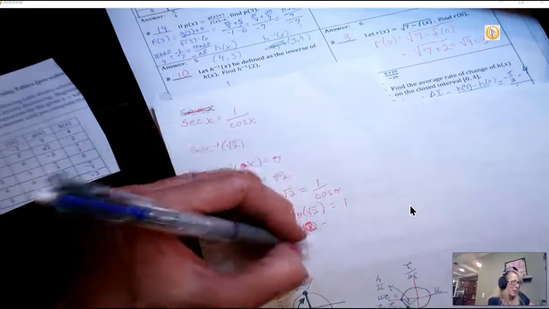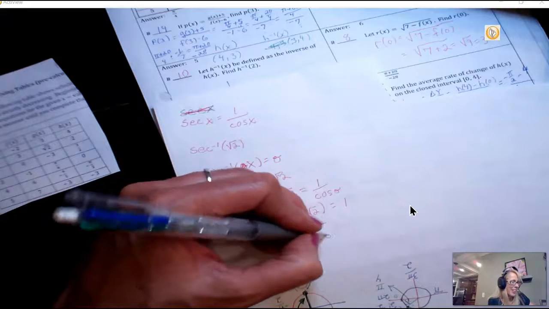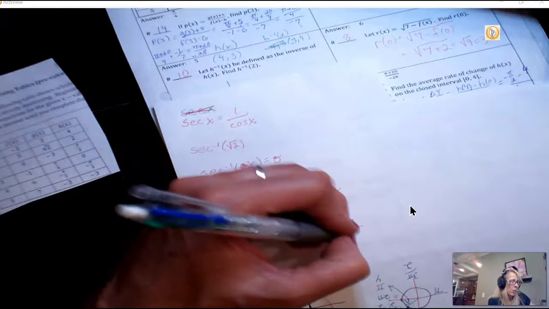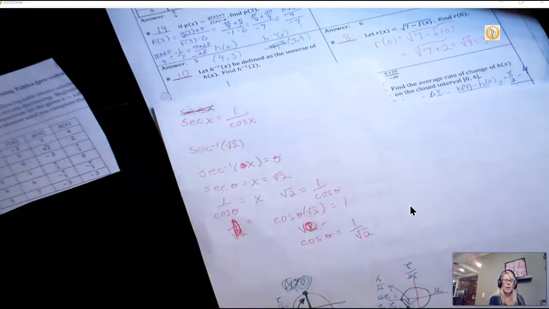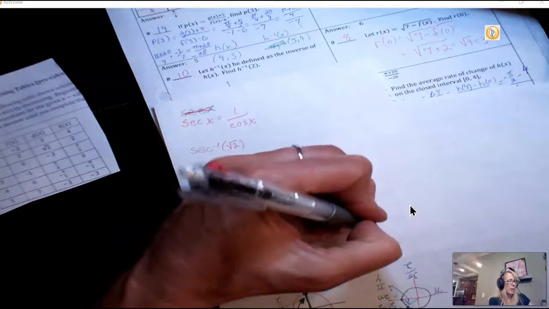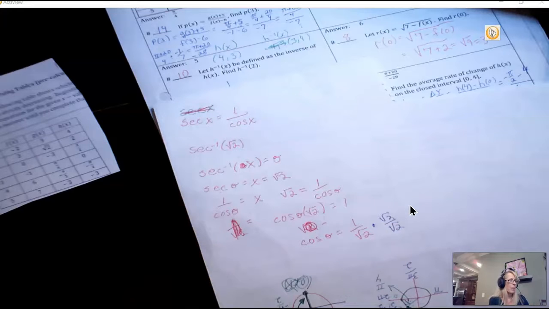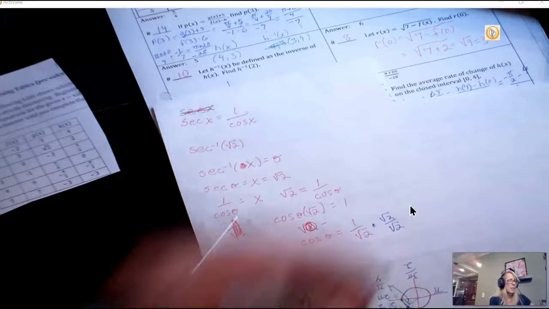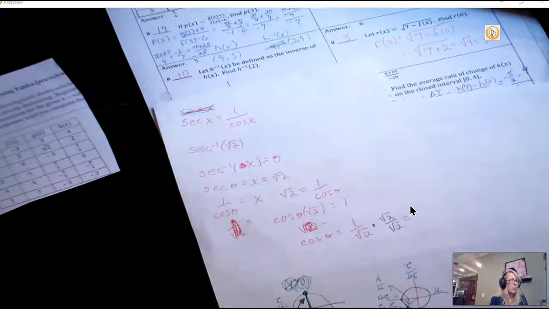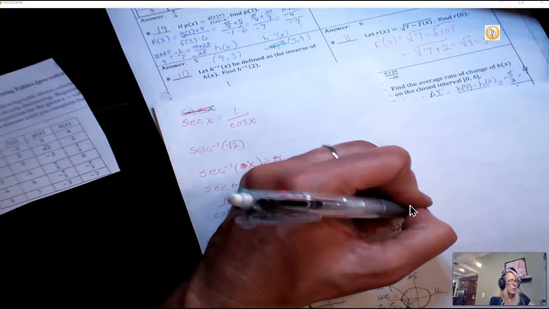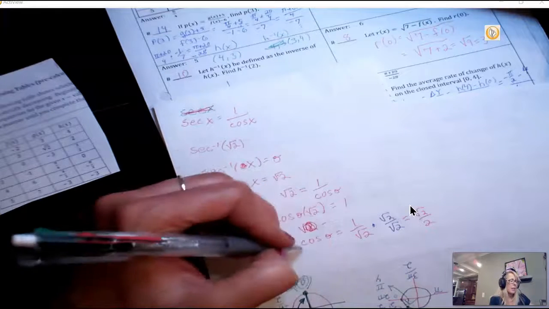All right. So cosine of theta is equal to 1 over square root of 2. Now, I think you can rationalize here. I believe you remember how to do that. Rationalize means getting rid of that radical in the denominator. And I do that because, number 1, we're supposed to, but number 2, when we do this, it becomes familiar.